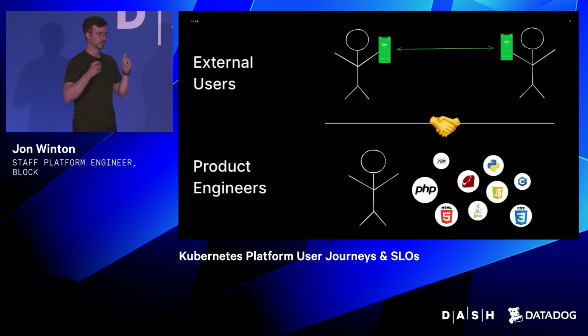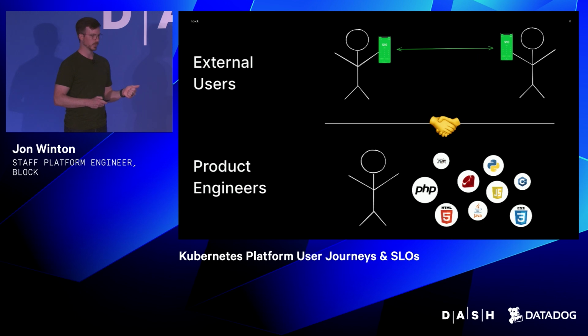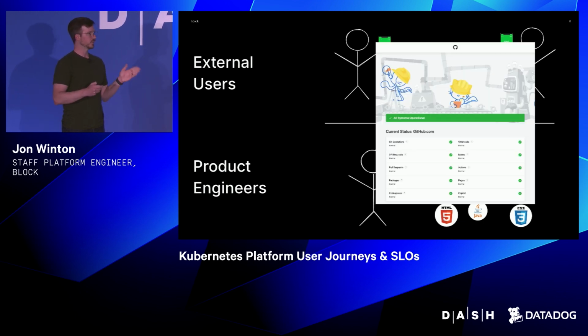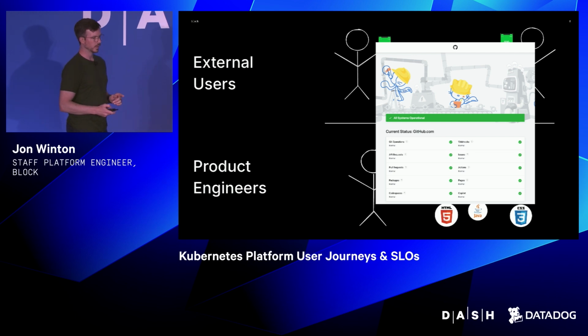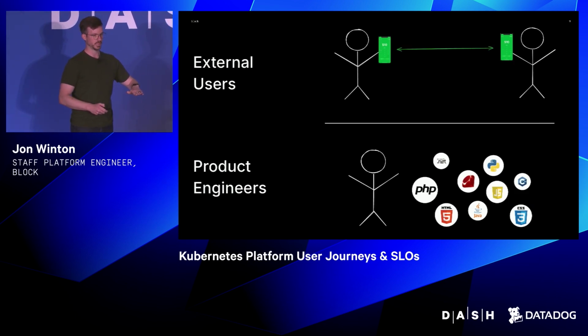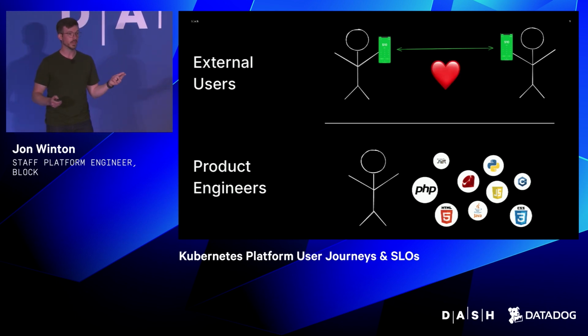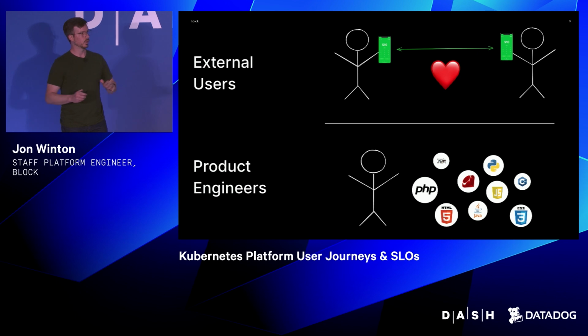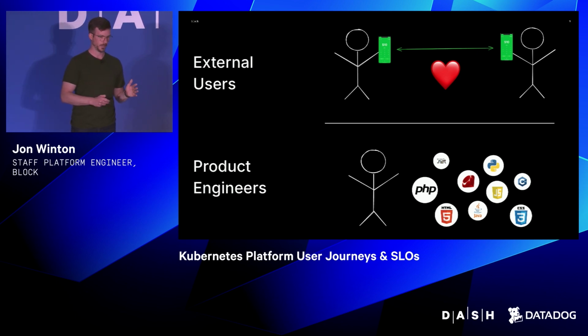It should send money to you whenever I use Cash App. And sometimes that's represented as a status page that says, hey, everything's working properly. But at the platform engineering level where I sit, we really don't get to talk much to those external users. We love them, they're great, but we don't interact directly with them.